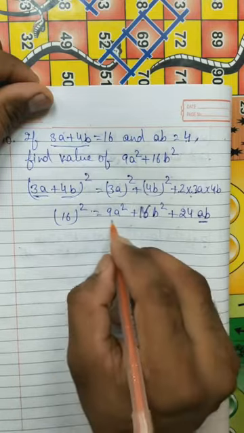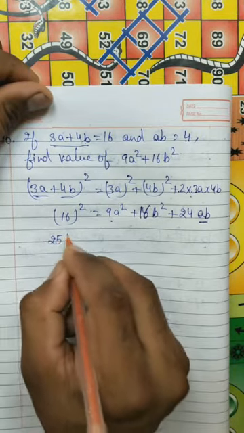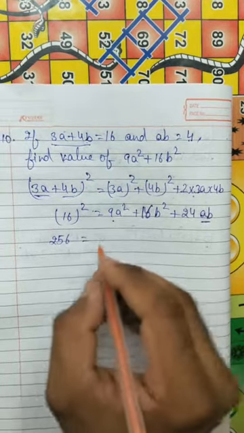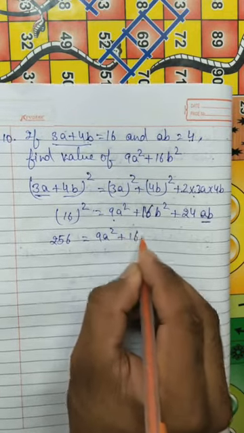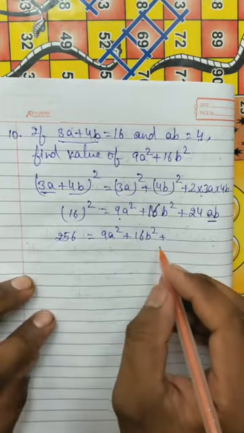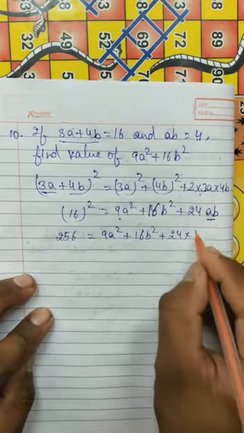So that is 16 square, 256, that is equal to 256. This side we have 9a square plus 16b square plus 24 into ab. ab is 4 here.